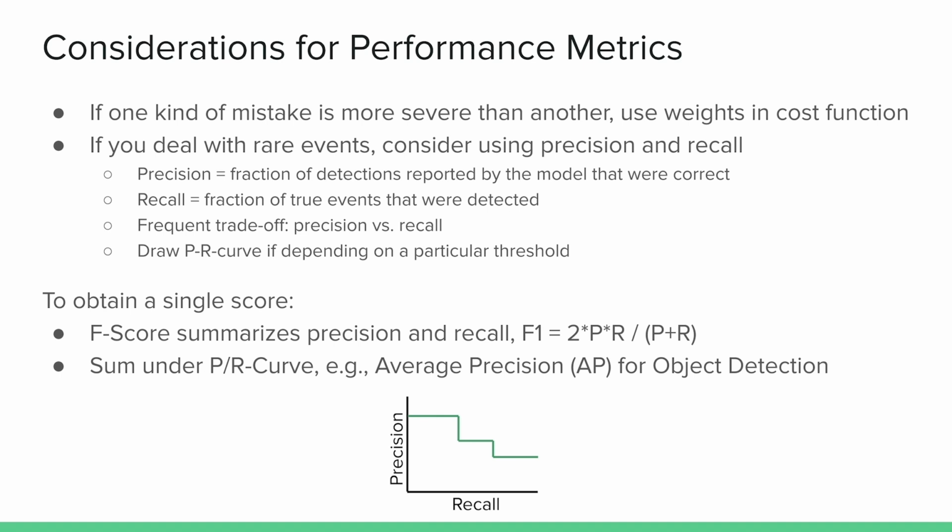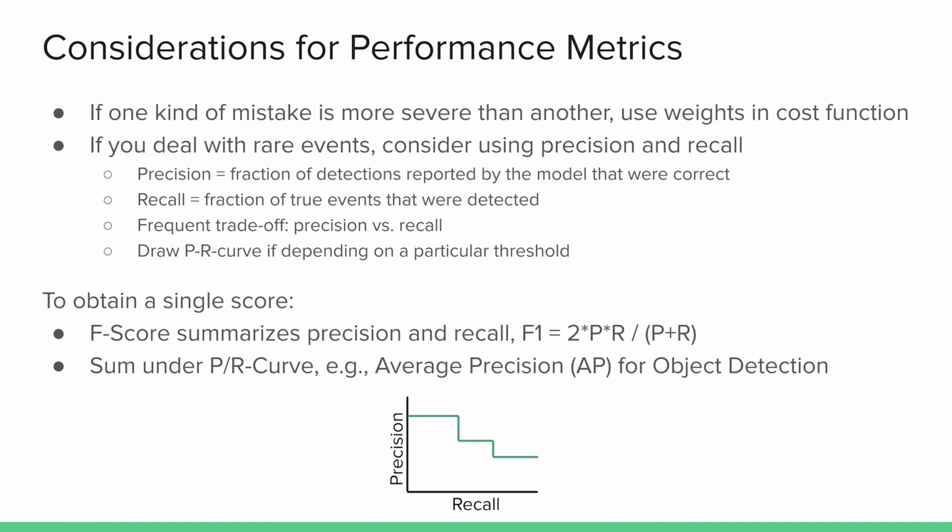And you can actually use this curve and integrate and take the sum underneath this curve, and that should also be as high as possible, because ideally you just have a rectangle where you have no trade-off. You will never have that. Therefore, this sum under the curve is a really good metric to be meaningful for your metric.